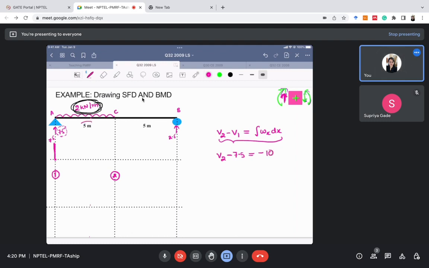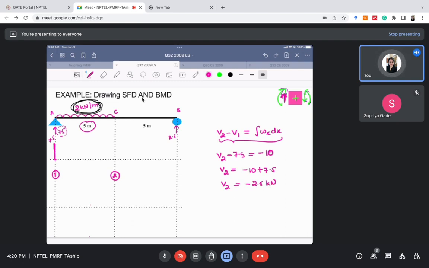Why? 5 into 2, and downward loading is negative. So 5 into minus 2 is minus 10 kilonewton meter. So V2 will be minus 10 plus 7.5 kilonewton. So V2 will be minus 2.5 kilonewton.